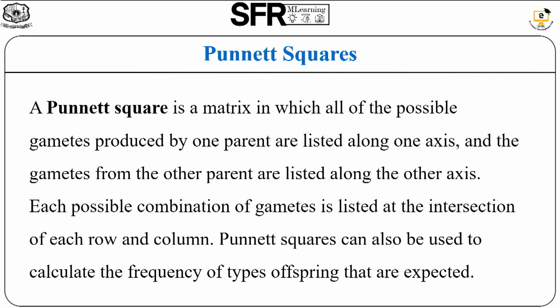This is the basic fundamental of the Punnett square box. Each possible combination of gametes is listed at the intersection of each row and column. A Punnett square can also be used to calculate the frequency of types of offspring that are expected.